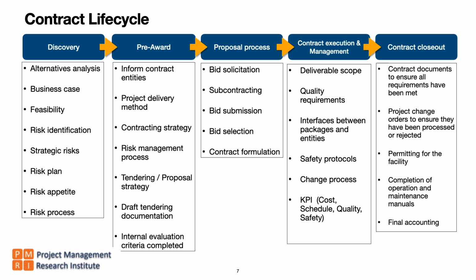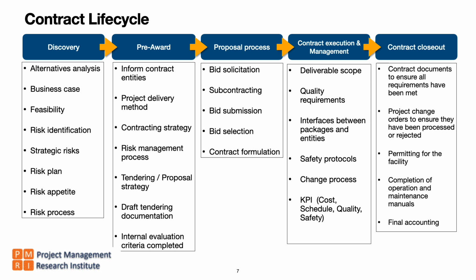Then the tendering and proposal strategy. There are different types of tender like open tendering, closed tendering, etc. That also we'll discuss in detail in the subsequent slides. Then draft tendering documentation.